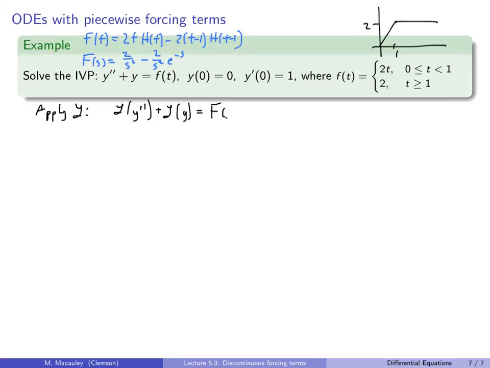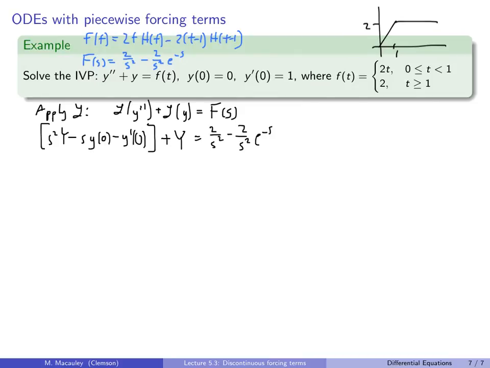The Laplace transform of y double prime is s squared Y minus s y of 0 minus y prime of 0, and then the Laplace transform of y is just big Y, and the right hand side is 2 over s squared minus 2 over s squared times e to the minus s.